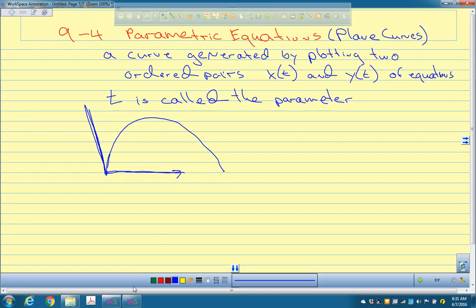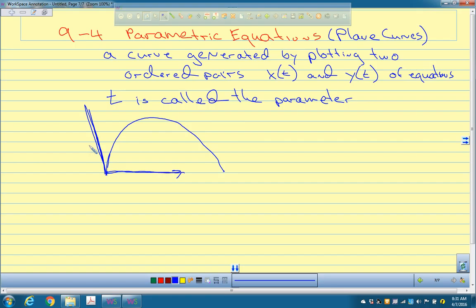You're going to generate a curve, okay? And it's doing that over a certain amount of time, called the parameter. When you combine those two things, you get what's called a plane curve in a parametric equation.